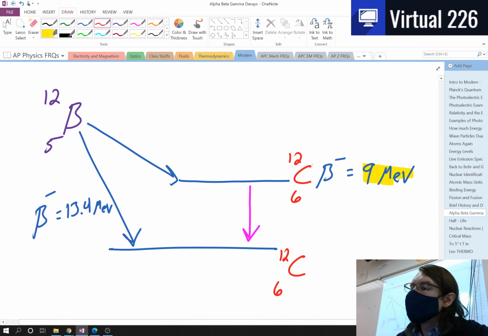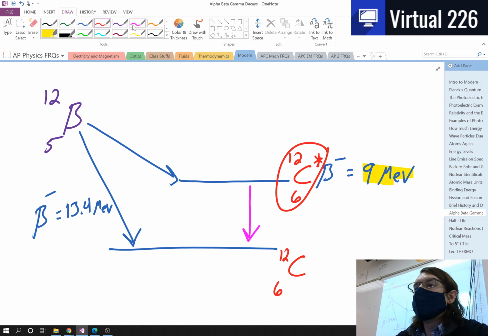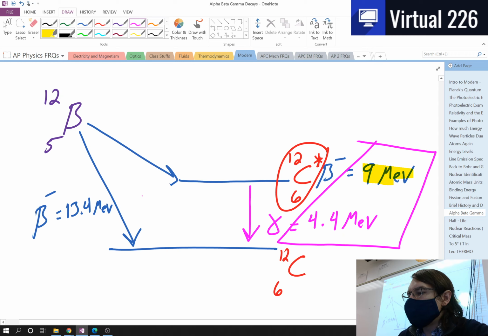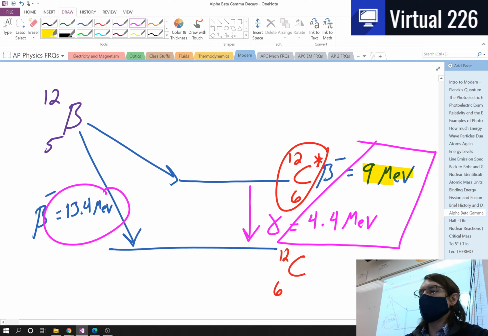Except this carbon-12 through the top side has more energy in its nucleus. We put a star next to it. That is an excited nucleus for a carbon-12. Now we can undergo a gamma decay worth 4.4 mega electron volts, such that the total over here is equivalent to the 13.4 of going directly down.